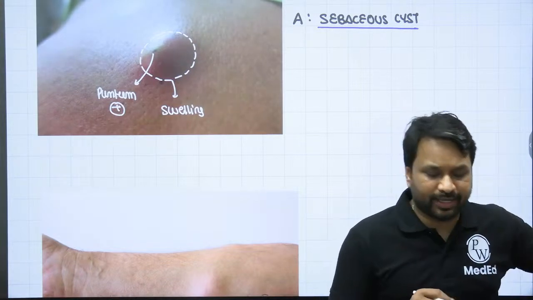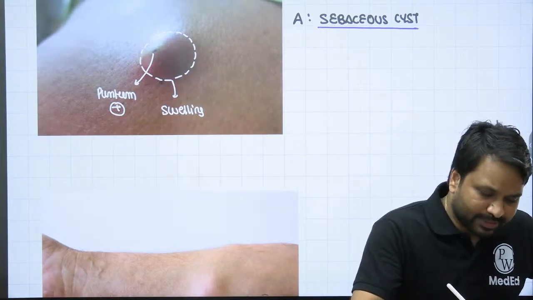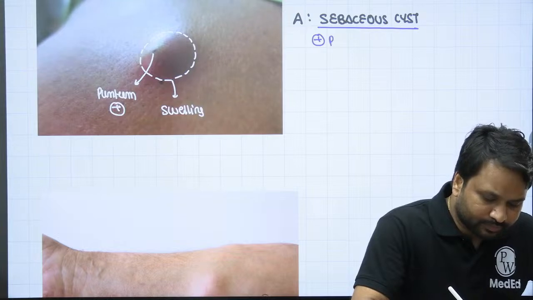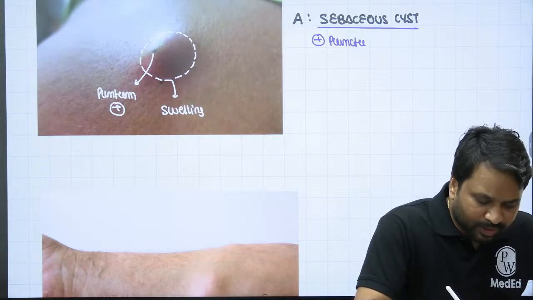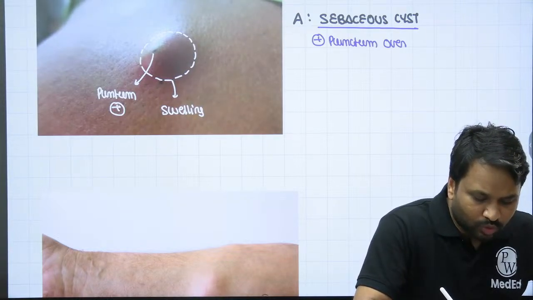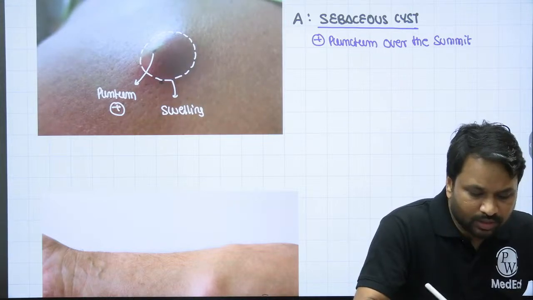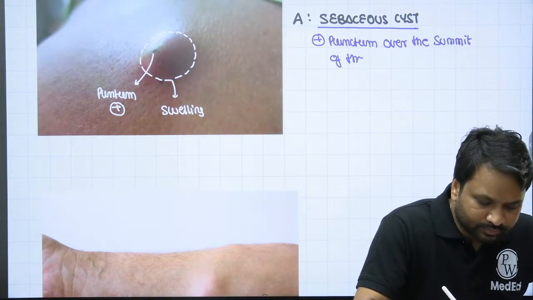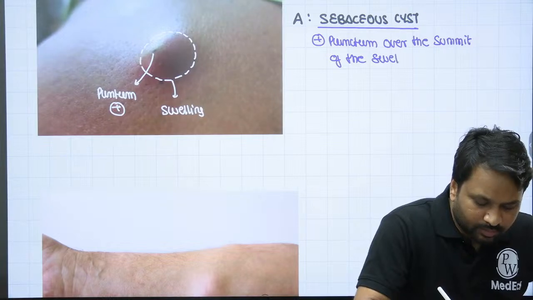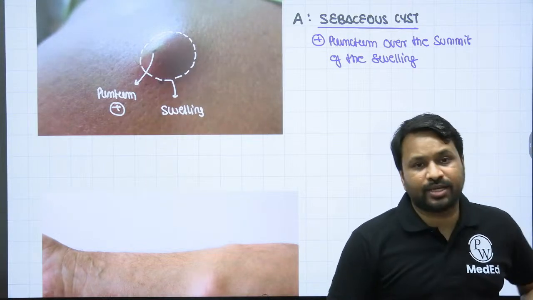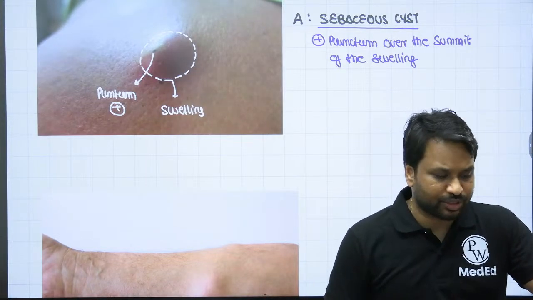Absolutely correct, Prajwal. There is presence of punctum over the summit, that is the highest point of the swelling. Presence of punctum over the summit of the swelling is the indication that you're looking at a sebaceous cyst.